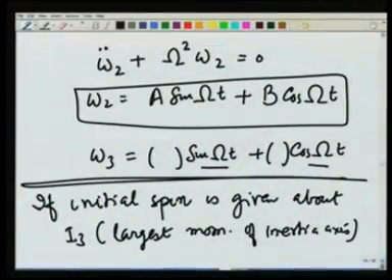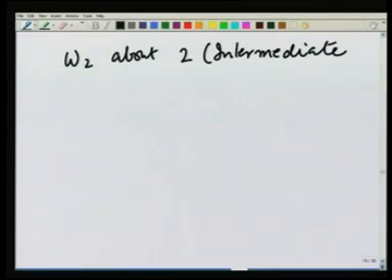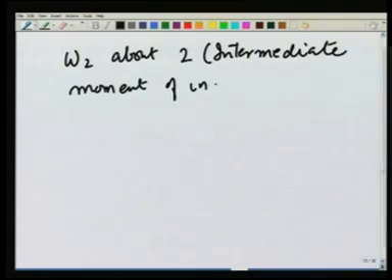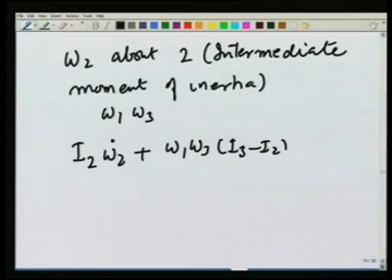Let us see now the case when I give omega 2 about axis 2, which is the intermediate moment of inertia axis, and there is some small omega 1 and omega 3. So, again we will see that I2 omega 2 dot plus omega 1 omega 3 (I3 minus I2) is equal to 0. This I can neglect in the first approximation.